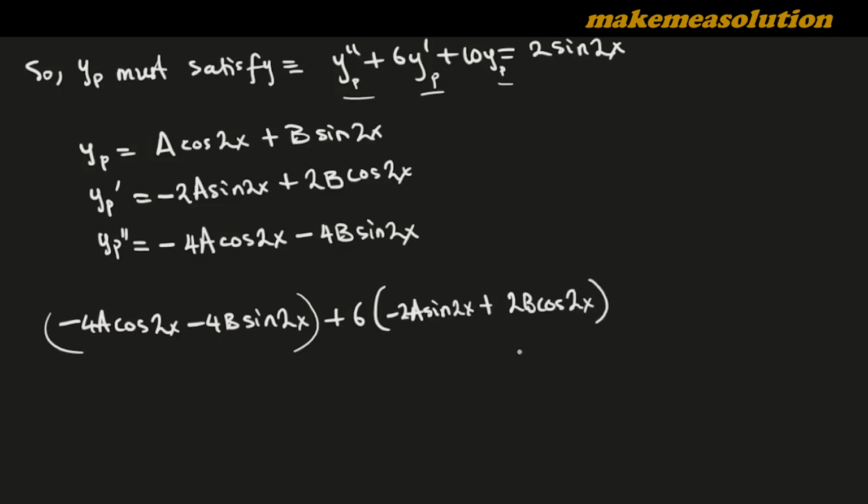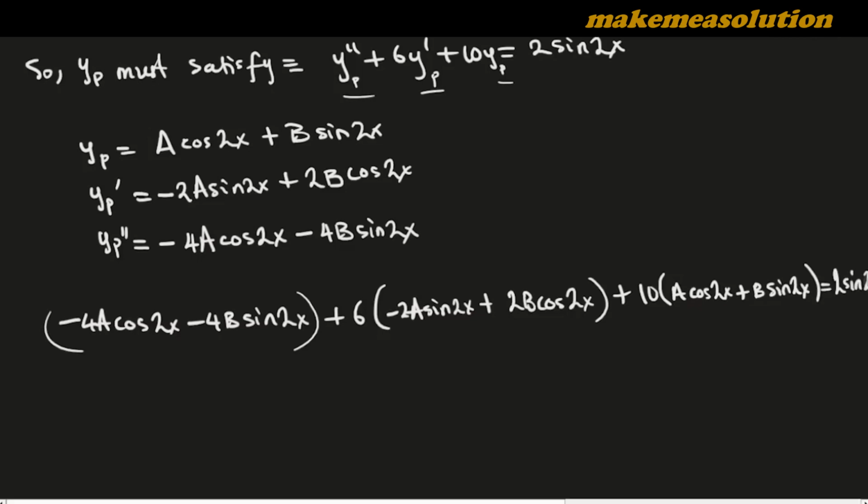Then plus 10 yp, that's a cos 2x plus b sine 2x, and this is equal to 2 sine 2x.